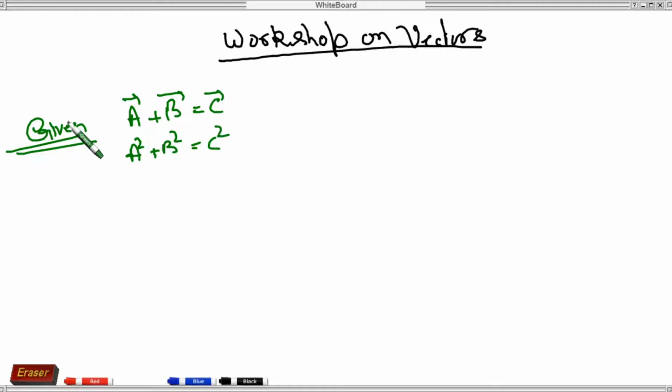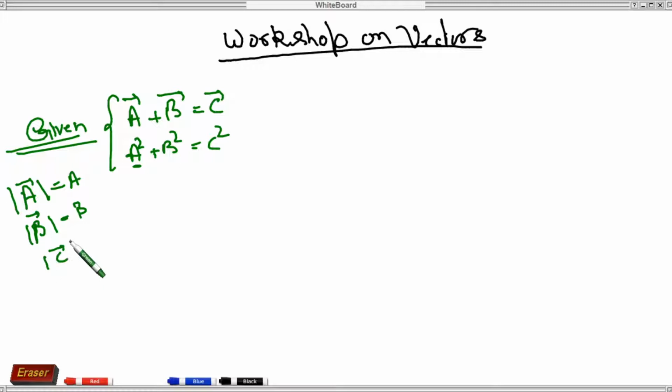This is also given, where A is the magnitude of vector A, B is the magnitude of vector B, and C is the magnitude of vector C. So these all things are given.